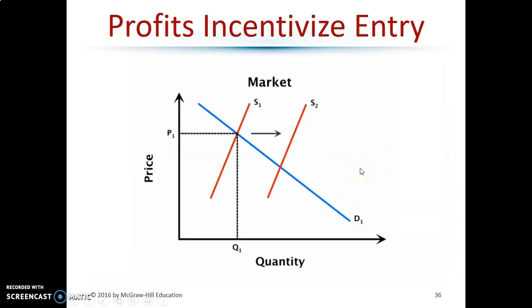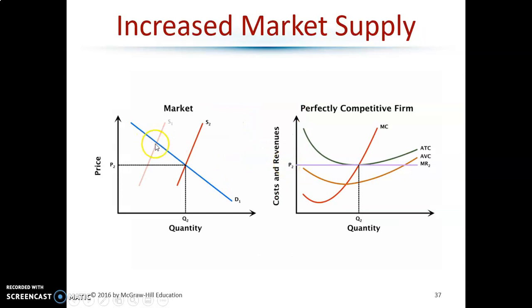So as that happens, more and more firms enter. The supply curve shifts to the right, and look what happens to the price. The price starts to fall. Supply curve shifts right, price falls, new price is right here at the break-even point. Economic profits have been eliminated, and there's no longer any incentive for new firms to enter into this industry.